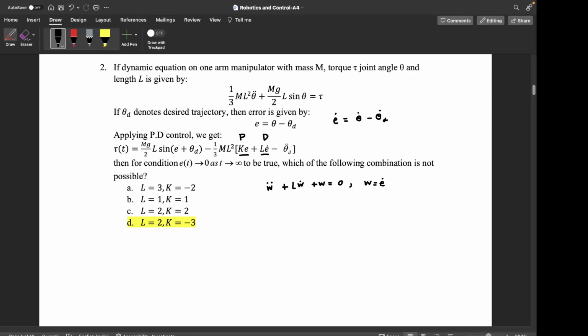Is everyone familiar with this expression? It has been derived in the lecture, so I'm not deriving it again. You can look it up there. Oh, I missed a K here.